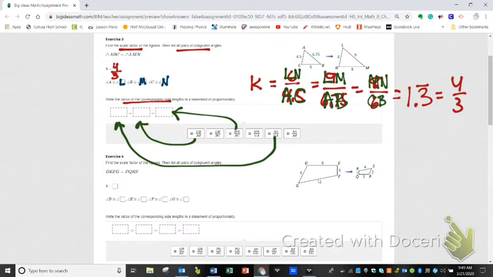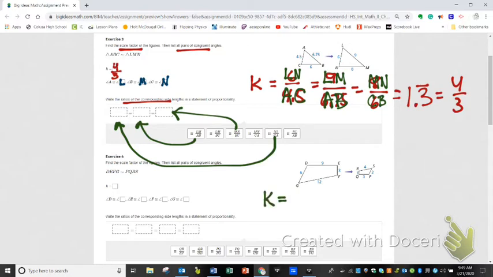In other words, the scale factor has to be a proper fraction. The other thing that makes this problem more difficult is the two quadrilaterals are not oriented in the same direction. RSPQ has been not only made smaller, but also rotated. So many students have a difficult time figuring out how to line up the corresponding sides.